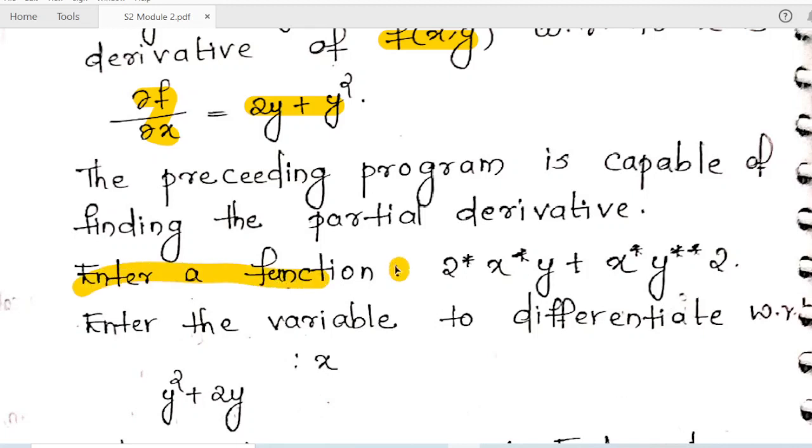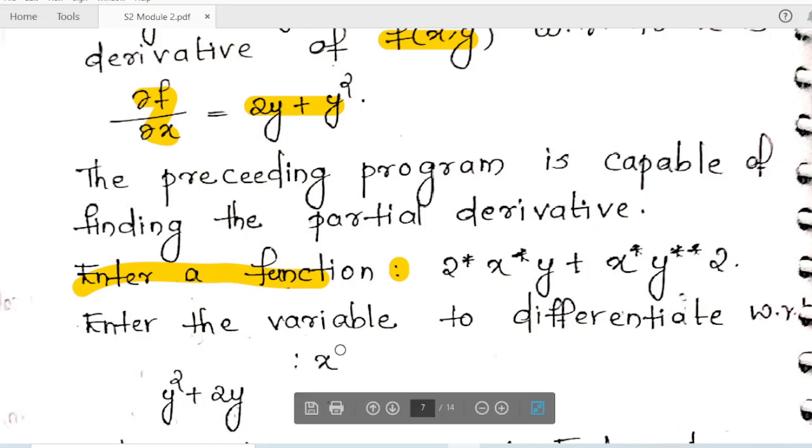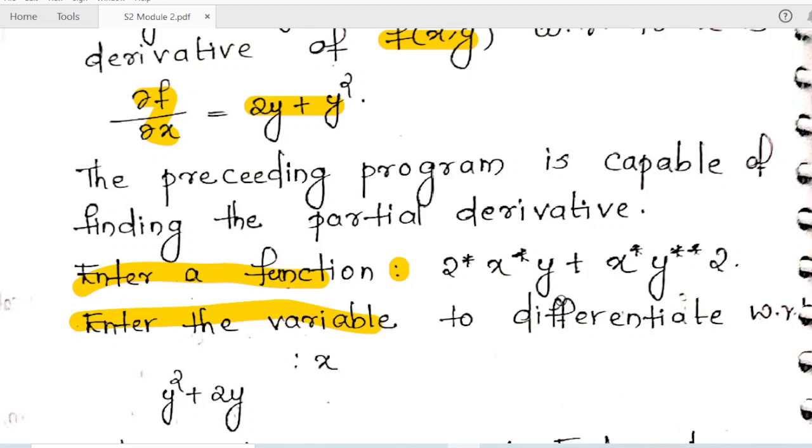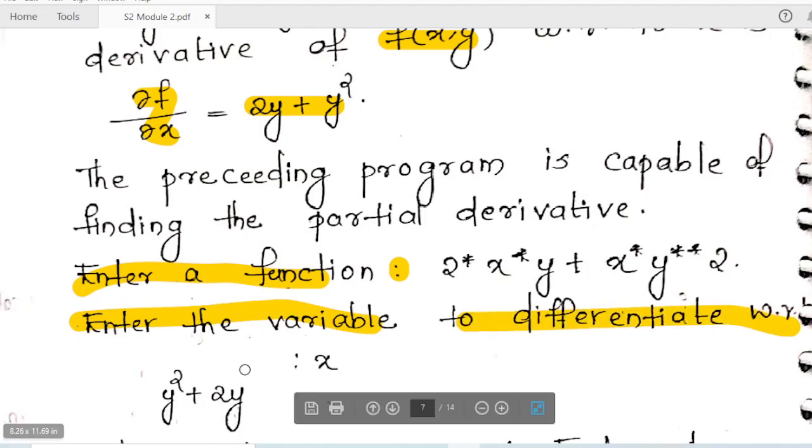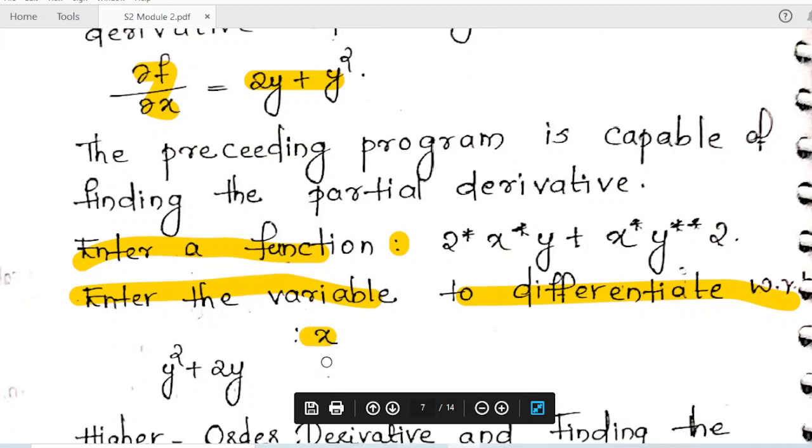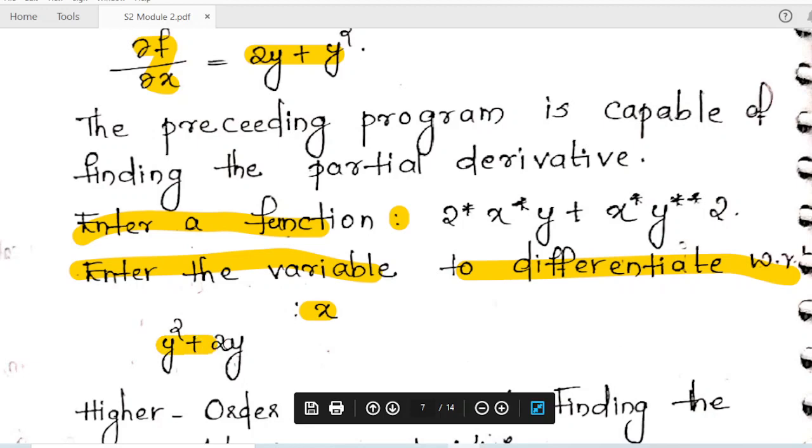So you will enter some function according to your choice and press enter. Again, the computer will ask the user to enter the variable to differentiate with respect to, and if the user puts x and presses enter, we get the output as y square plus 2y.